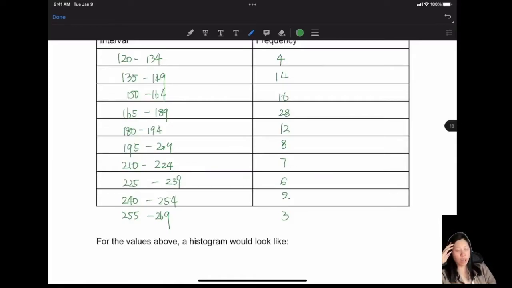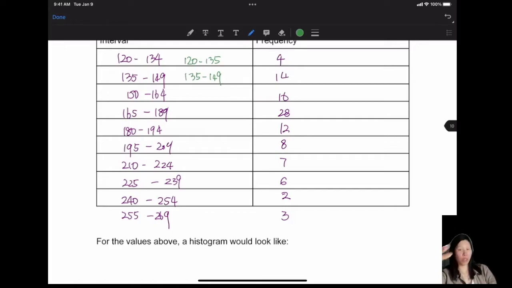Again, I want to explain why we don't do 135 as the upper limit. When you do that, you get 120 to 135, and then you're starting 135 again to 149. That will create ambiguity, because what if there's a participant who weighed 135?